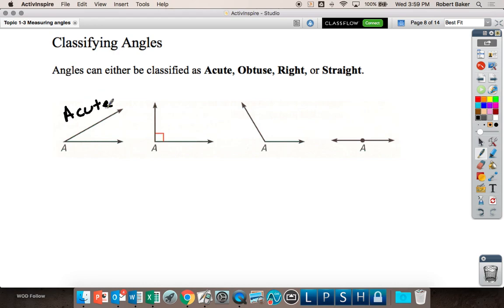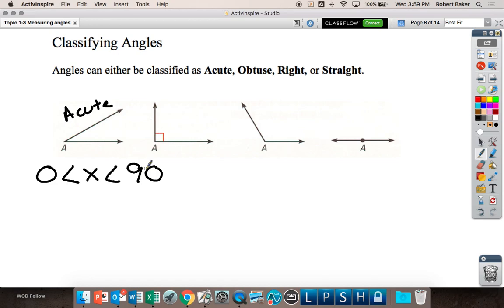Now, do you know what acute means? No. Less than 90 degrees. Wrong! Less than 90 isn't enough, because a negative 10 degree angle is an acute angle. So less than 90 is not going to cut it. Anywhere between 0 and 90.